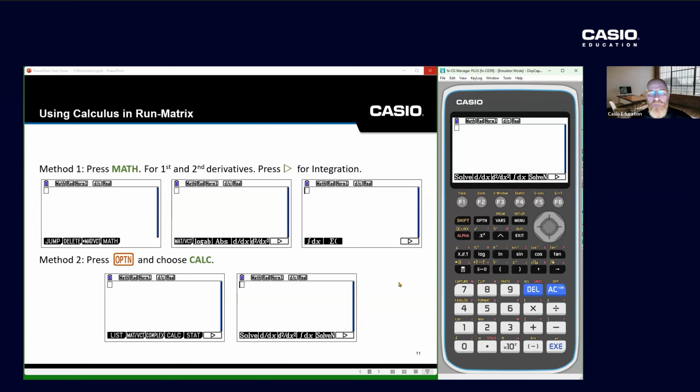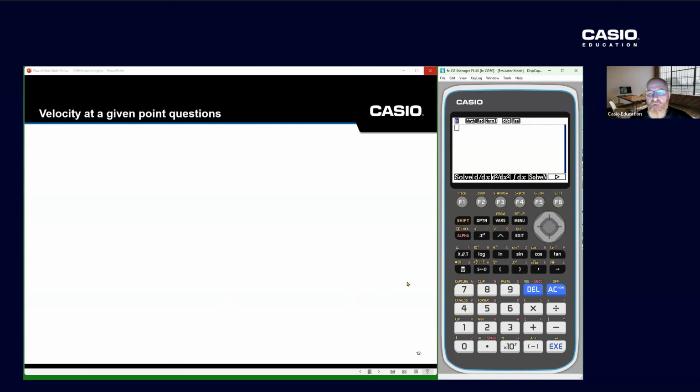Now that we know how to access our calculus templates, first and second derivatives and integration, we could have a go at using them during this session. But first, let's approach velocity at a given point. Where is the particle and how fast is it moving after 3 seconds?